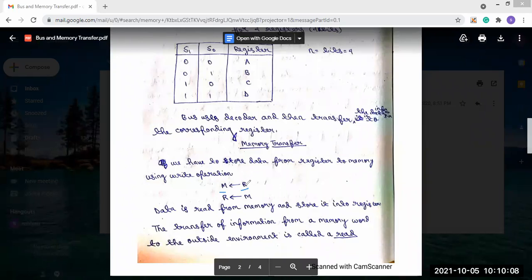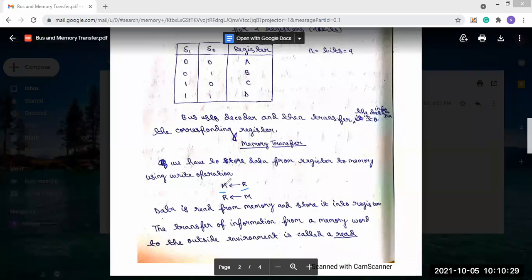This data is transferred to the memory. That means the data that is stored in the register will be transferred into the memory.